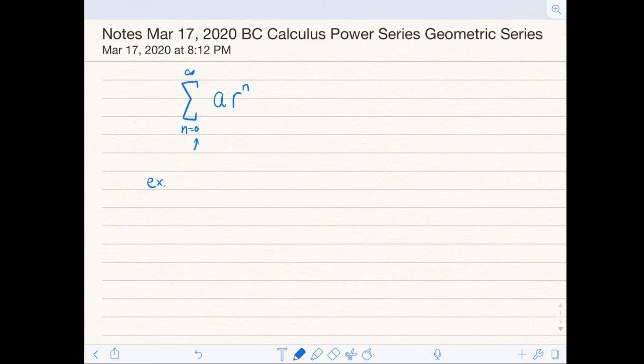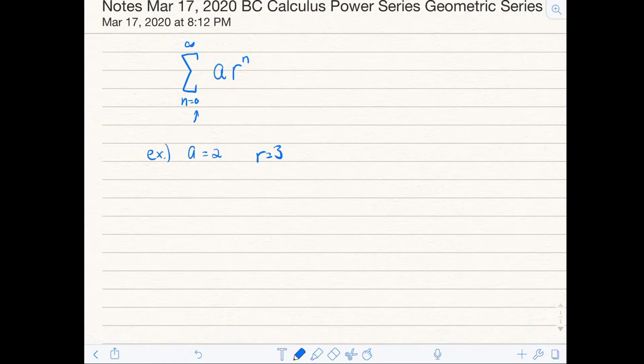If I gave you an example of what this specifically looks like, if a sub 1 is equal to 2 and r is equal to 3, then I would set up the series to be 2 plus 6 plus 18 plus 54 plus dot dot dot, and then plus 2 times 3 to the n power, and plus dot dot dot for my general term.